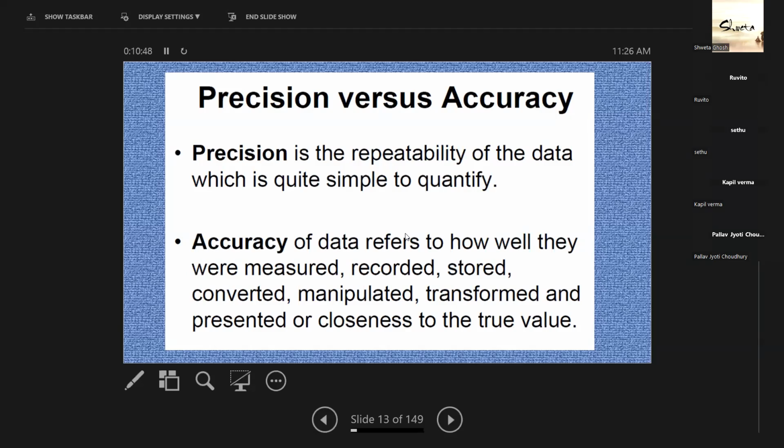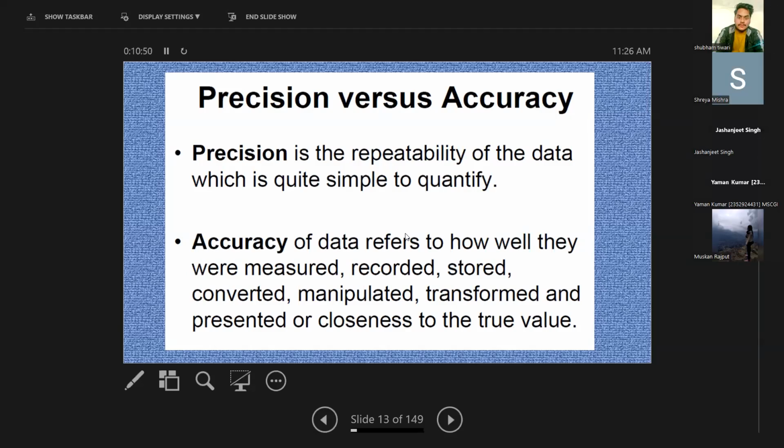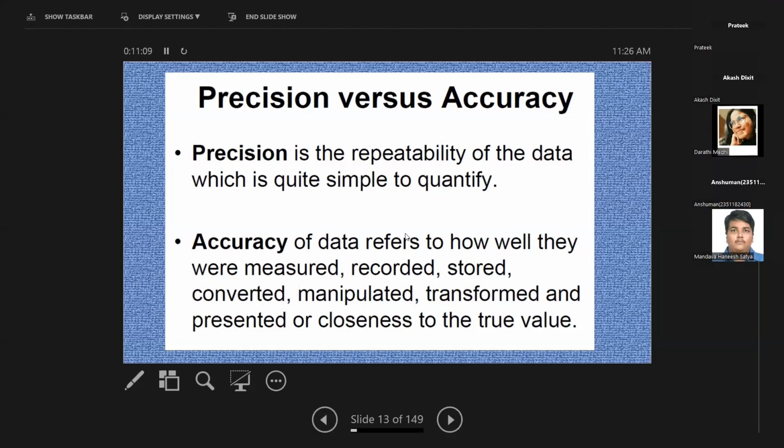Precision means the repeatability of the data. Suppose you are getting a figure of 10 for some data, and again and again you are getting 9.9 or 10.1, near to that 10. That becomes precision, that is, repeatability of data.